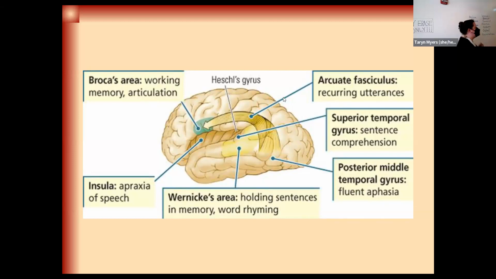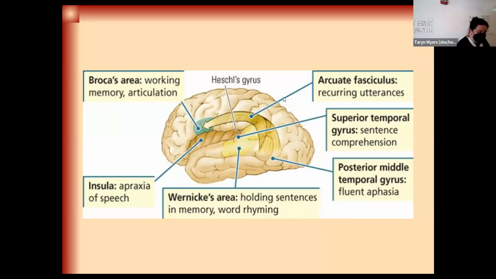Typically, we tend to use the word disability. I'm not sure that I really like that word for it that much. But these are issues with differences in these specific features. What the distinction is within aphasia versus a dysphasia, basically, is aphasia indicates a lack of ability to do that, whereas dysphasia means difficulty with being able to do that.